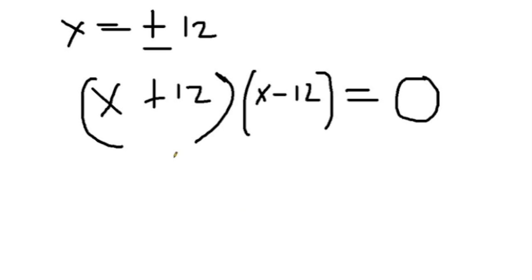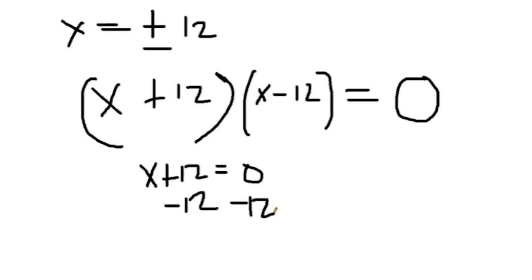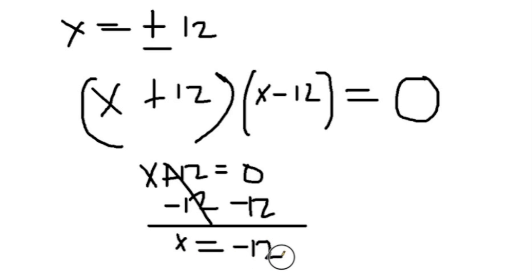So first of all, you're going to do x plus 12 equals 0. You're going to minus 12 on both sides, and that'll give you x alone. X equals negative 12.